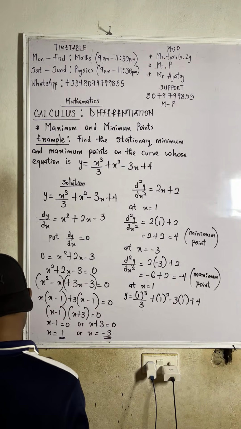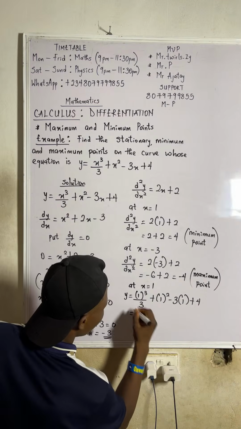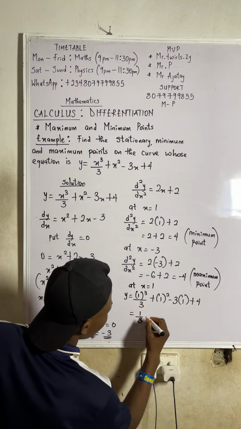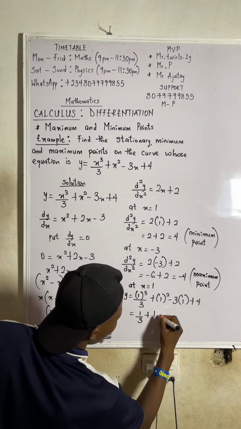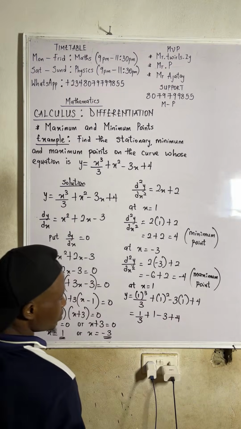So 1 cube over 3 is 1 over 3, plus 1 square which is 1, then minus 3 times 1 is 3, plus 4.